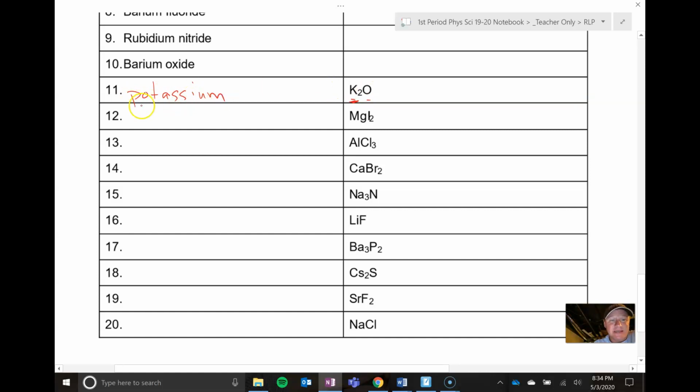We just say the name, potassium. O, that's an anion. And how do we name those? We add the IDE, potassium oxide. So you just do that with all those. You just name them. You say the name of the first one. And then all of your anions, the second element, those get the IDE at the end.